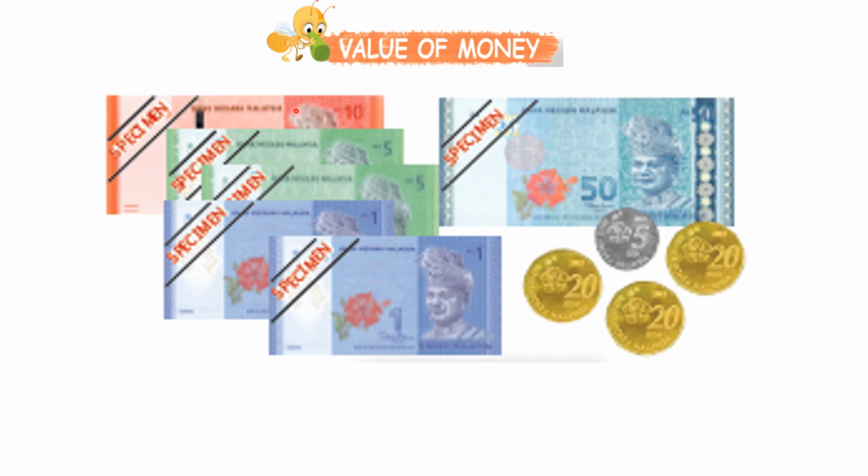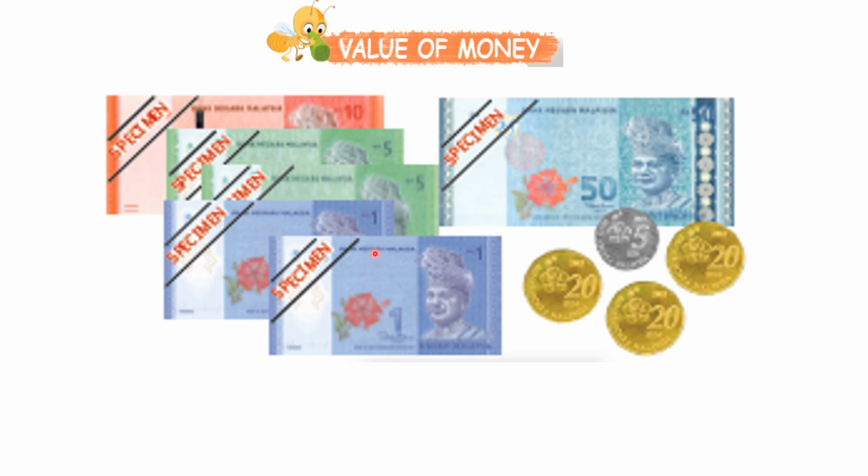As you can see here, this is 10 ringgit, 5 ringgit, 10 ringgit, 50 ringgit, 5 cent, and 3 pieces of 20 cents. So if we count them, 50 plus 10 is 60, 60 plus 5 is 65, 65 plus 5 is 70, plus 1 is 71, plus another 1 ringgit is 72.